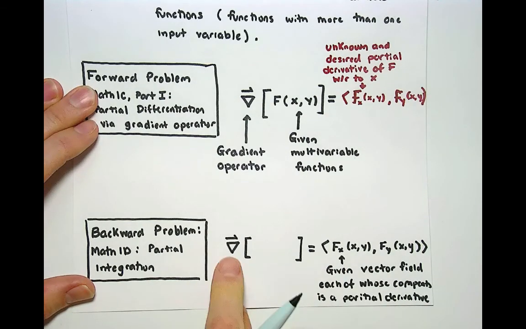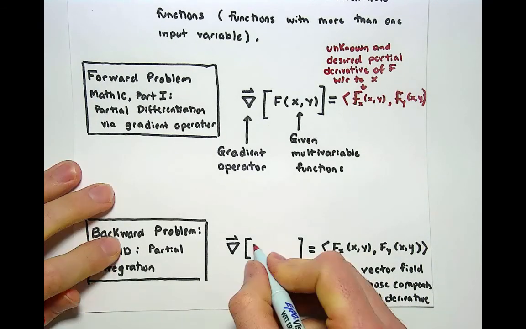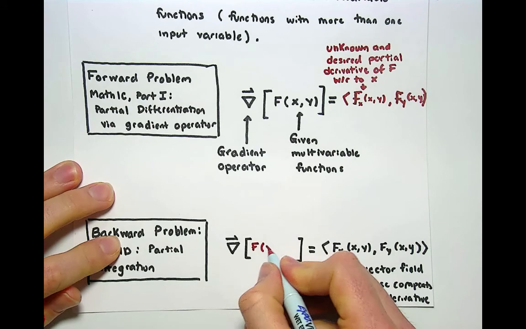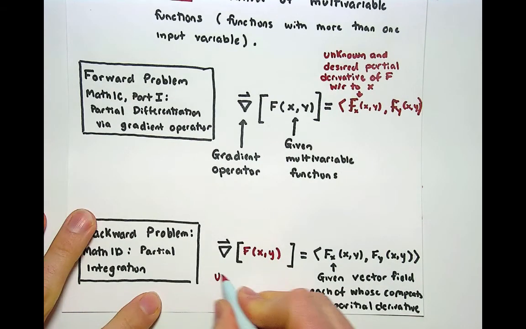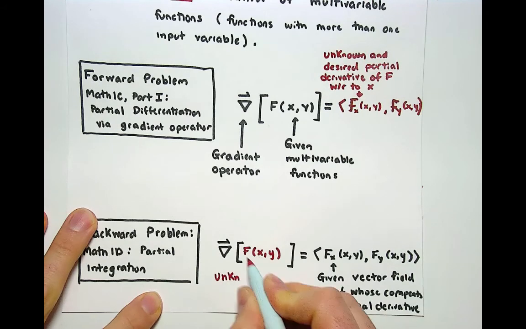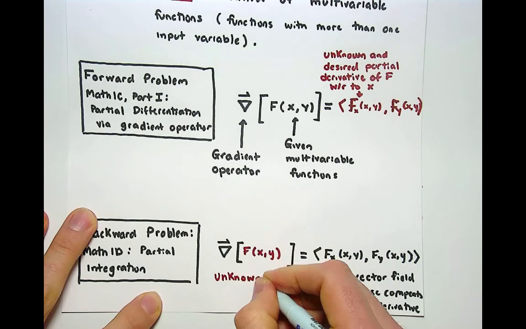If you have this given vector field and you have a gradient operator, please produce the unknown multivariable function such that when you take the gradient of that function, you produce that given vector field.